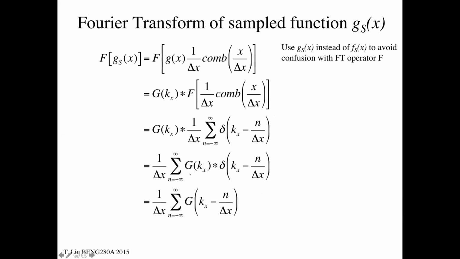It sifts out these values, and we get essentially the sum of the Fourier transform of g as a function of kx, and then replicants of that every 1 over delta x. This goes from n equals minus infinity to infinity, so we have the Fourier transform of g, and then the replicants as we move out in kx.